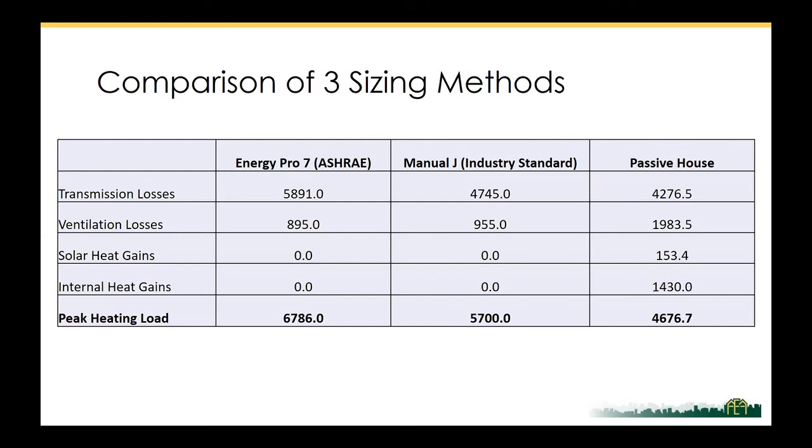I believe that's just because Manual J and Energy Pro, or ASHRAE, have assumptions embedded in the programs or the workbooks that they've locked, and so the transmission losses are greater. And it's also probably mostly caused because the design temperatures are so different.